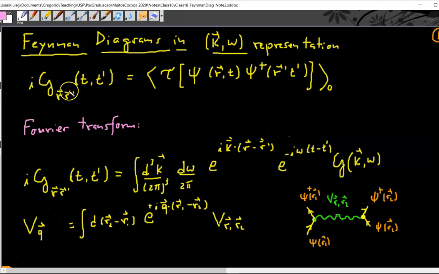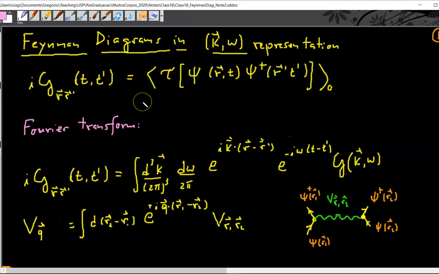So instead of having a creation operator at some state m, you might have the field operator that creates a particle at position r' and time t'. This is in the Heisenberg picture, and another field operator that destroys a particle at time t and position r. So the time ordering here and the expected value over the ground state will give me the propagator from t', position r' to time t, position r.